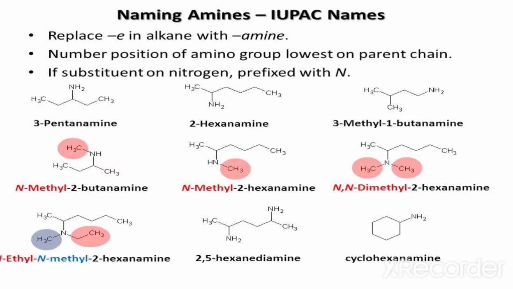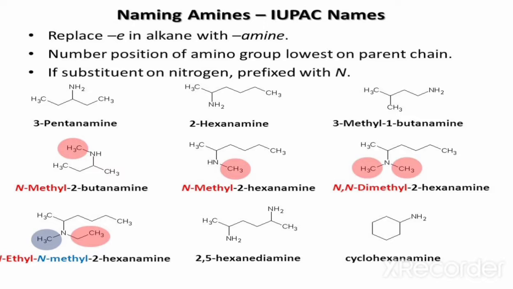And the other example is where the amine group has a methyl group, so we will name it N-methyl, and on the second position there is an amine group on a 6 carbon chain, so we will name it N-methyl-2-hexaneamine.